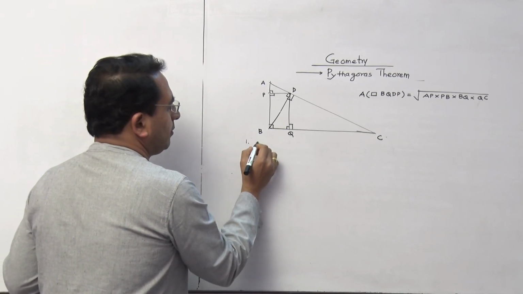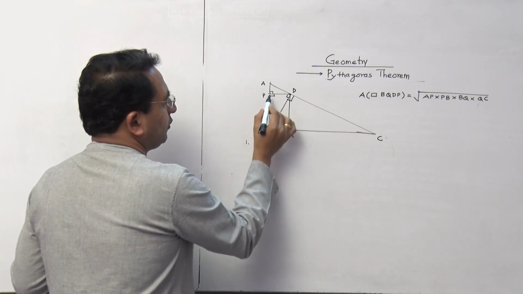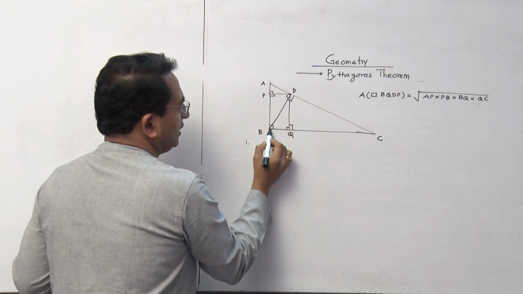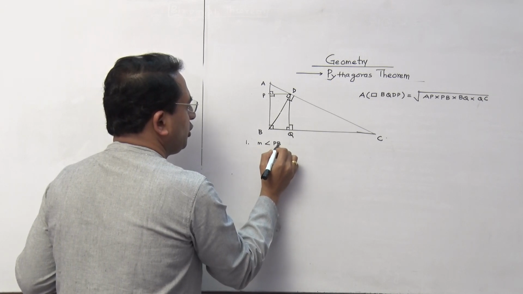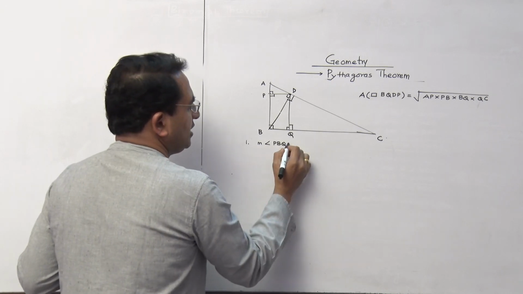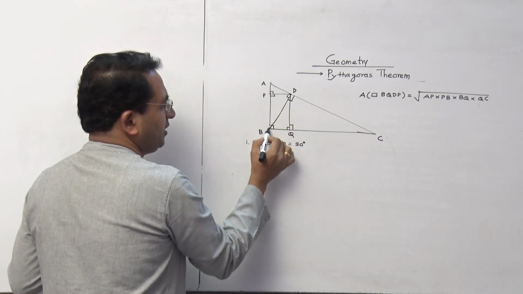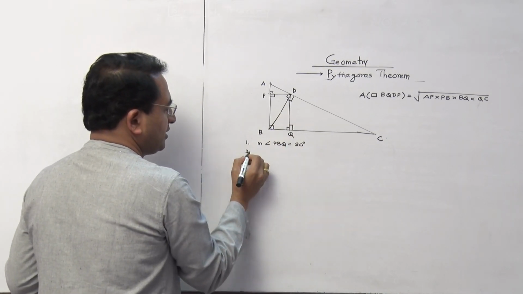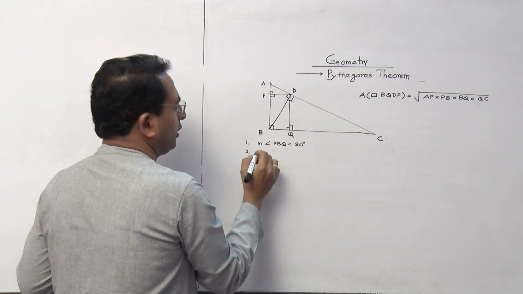If you are talking about a right angle triangle basically, what can you say? Measure of angle PBQ is 90 degrees, that is given to you. After that you are dropping the perpendicular here.